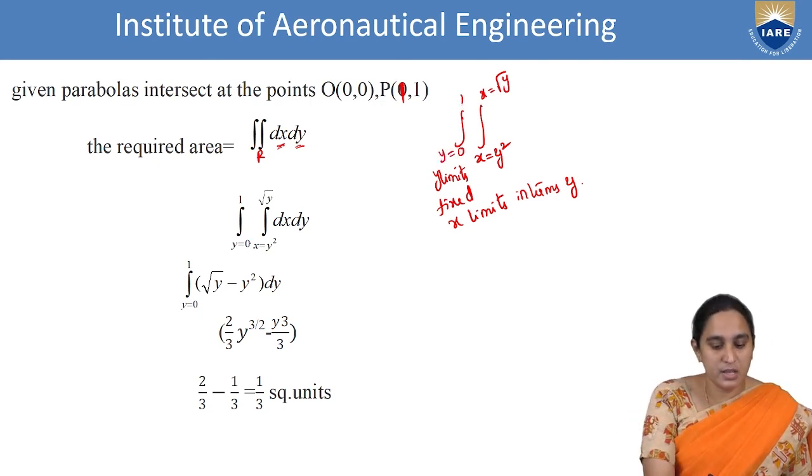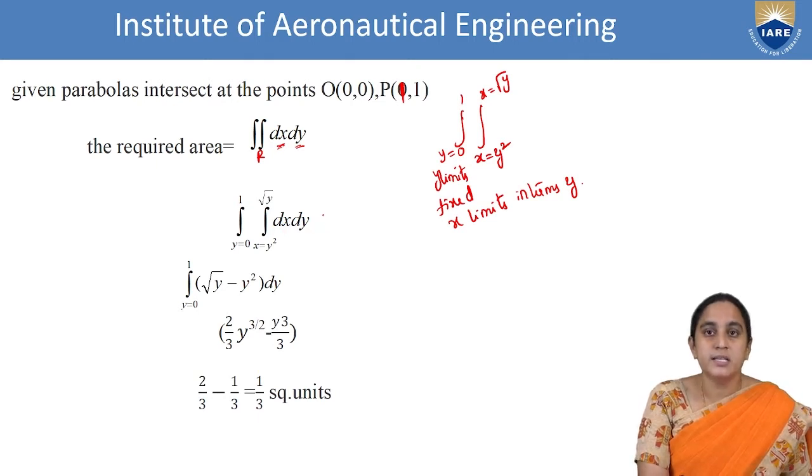Therefore, here the integral of y is from 0 to 1 and the integral of x is from y squared to root y, integration of dx dy. Now, first integrate x in terms of y, meaning first integrate with respect to x.